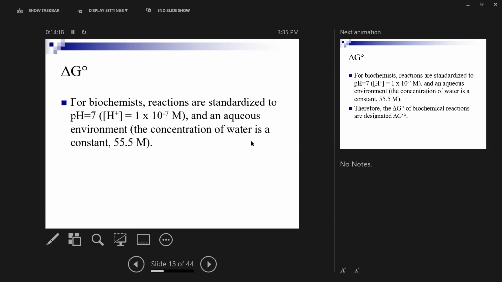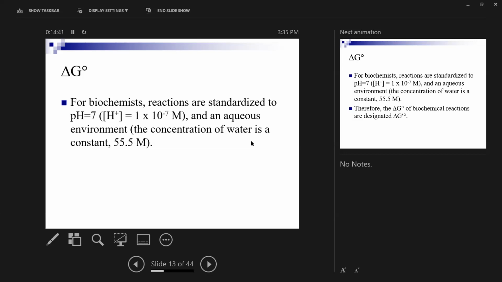So we're going to use a different standard because, first of all, the reaction has to occur in water. Concentration of water is 55.5 molar. Secondly, it has to occur at pH 7. So we're going to have a slightly different number.